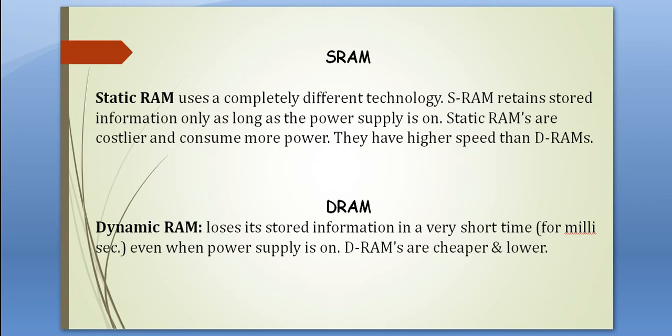Static RAMs are costlier and consume more power. They have higher speed than DRAM. Now, the second is DRAM, dynamic random access memory. It loses its stored information in a very short time, in milliseconds or microseconds, even when the power supply is on. DRAMs are cheaper than SRAMs.